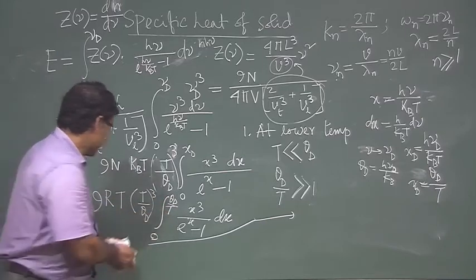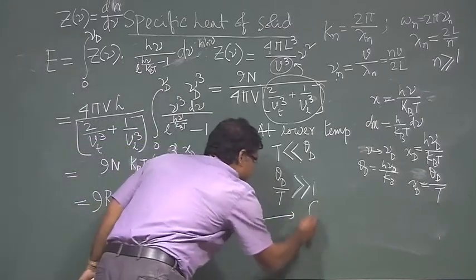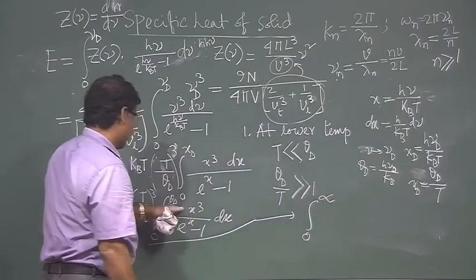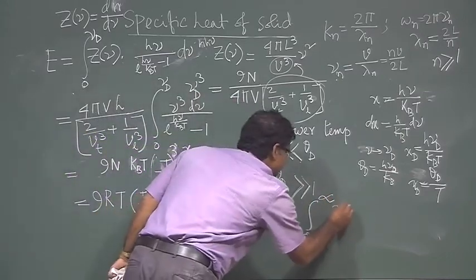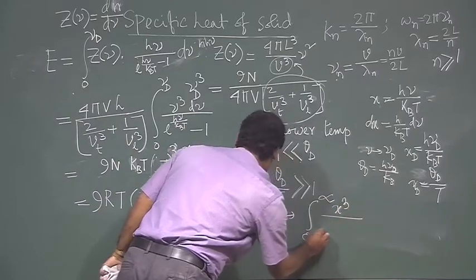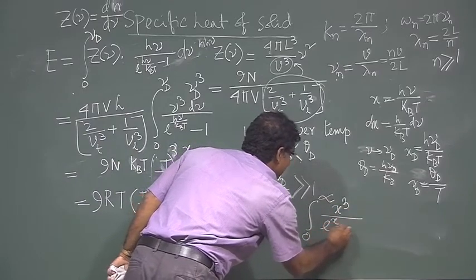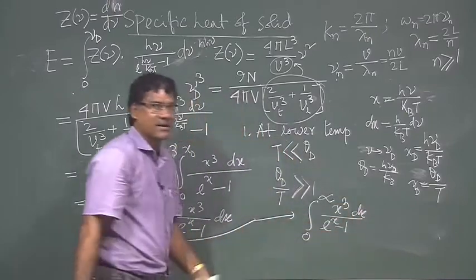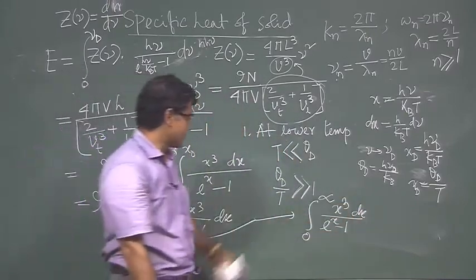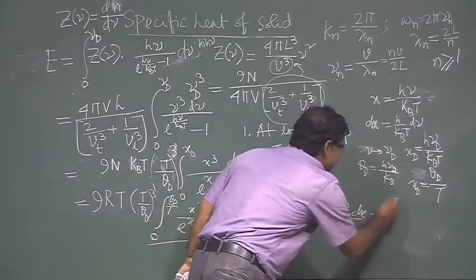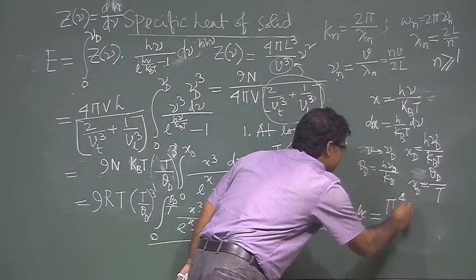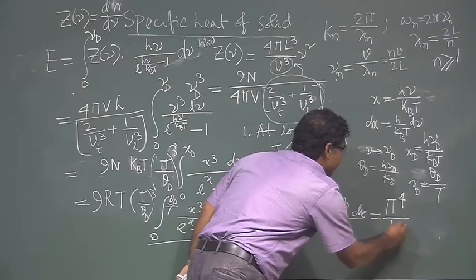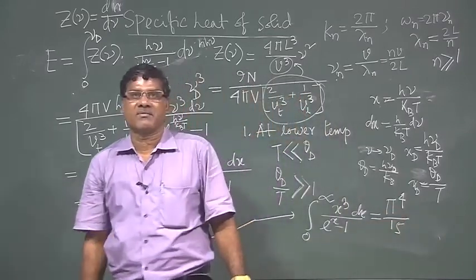So this integration we can write from 0 to infinity, x cube over e to the power x minus 1 dx. For this integration you have a ready-made solution. So this basically is pi to the power 4 divided by 15.